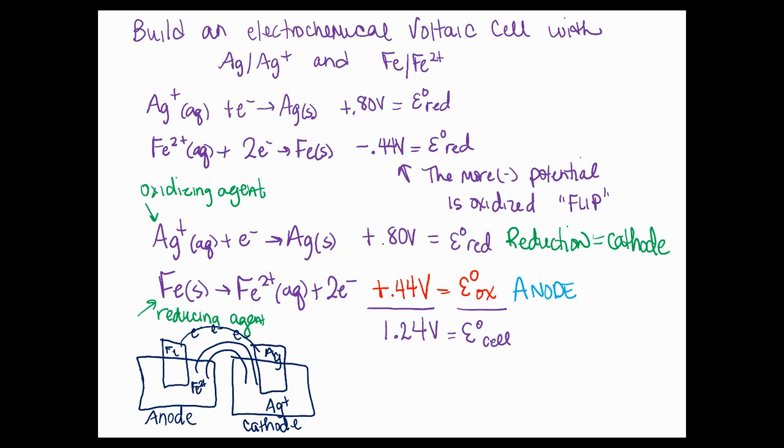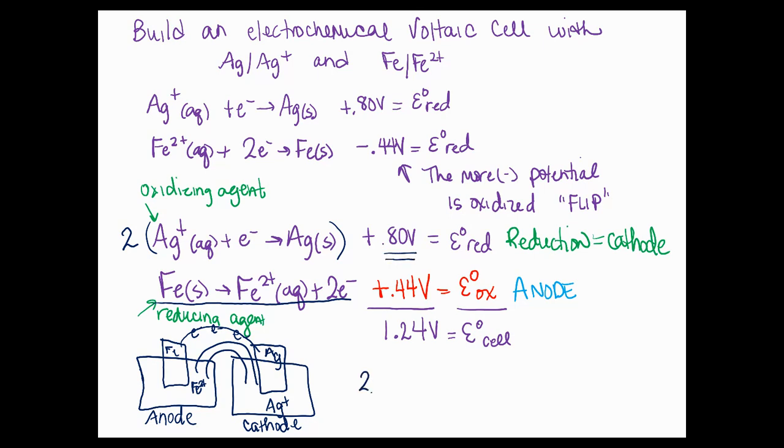Okay, one last thing. When we look at the overall equation, the number of electrons lost has to equal gain. So I'm going to have to multiply that top equation through by 2. This is one of the few properties, though, that does not change the value of the voltage.